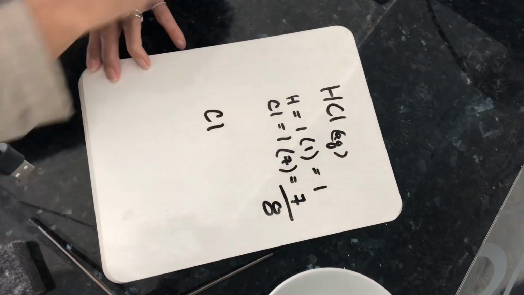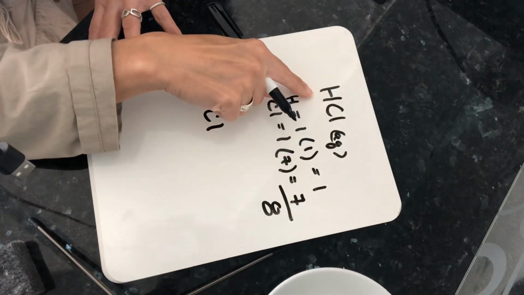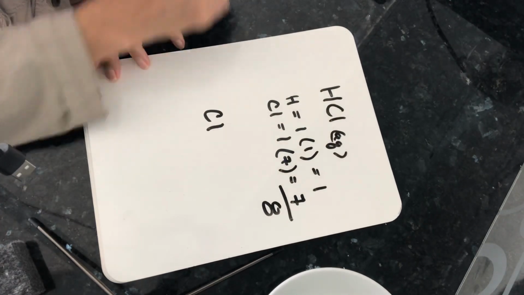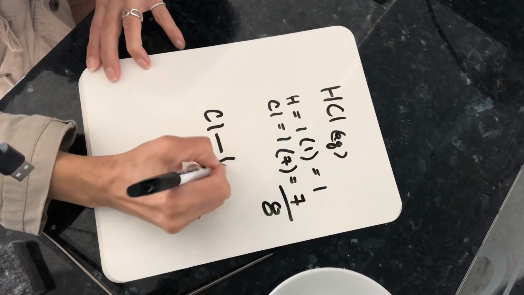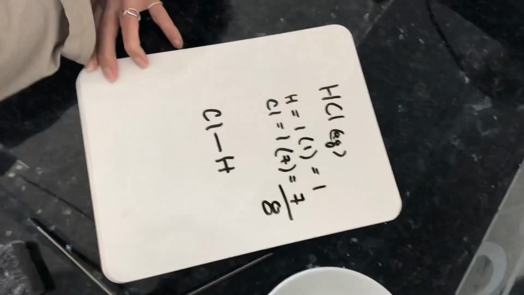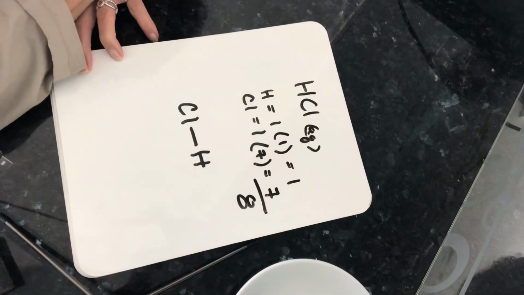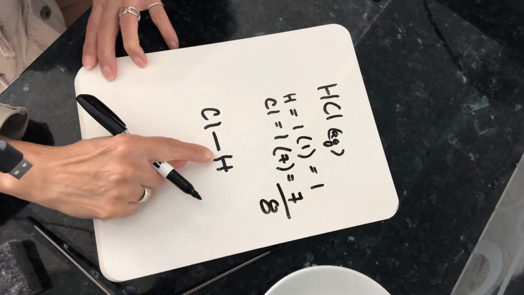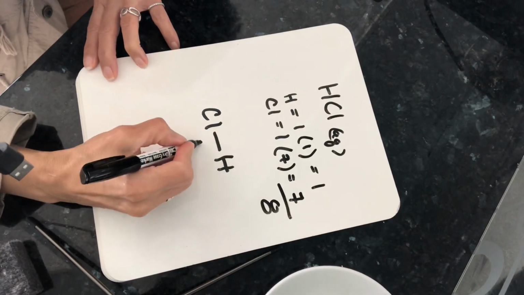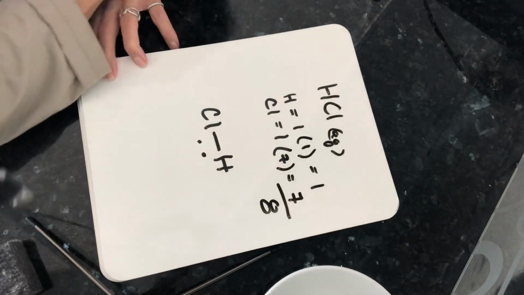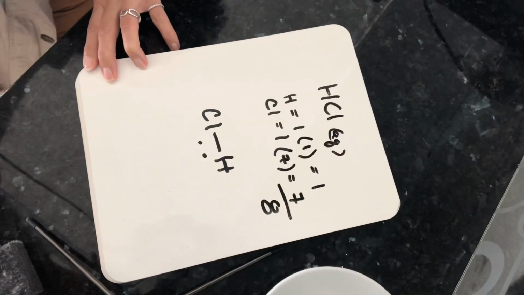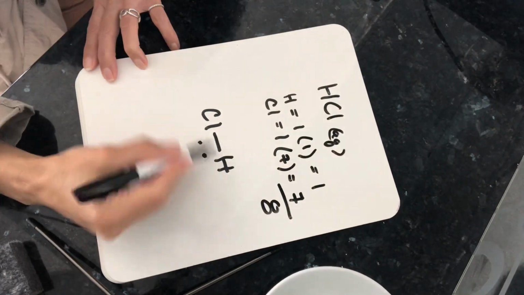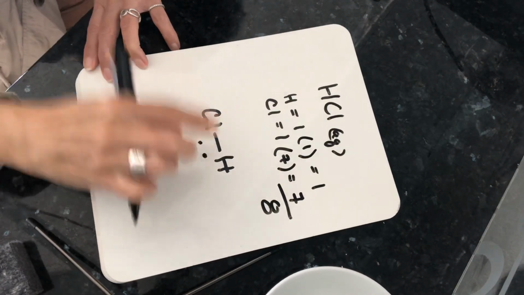So here's the chlorine, and we need to attach one hydrogen to that chlorine. I'm going to attach it with a line. In your instructions for drawing Lewis structures, it says that when you connect the atoms with a line, this line actually represents a pair of electrons. When they're being shared between two atoms, the pair turns into a line.